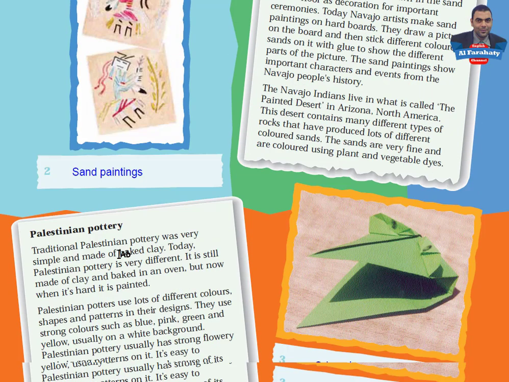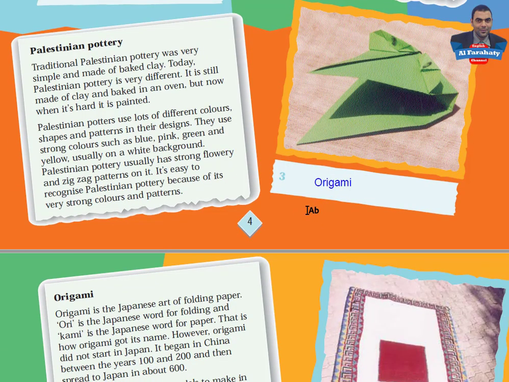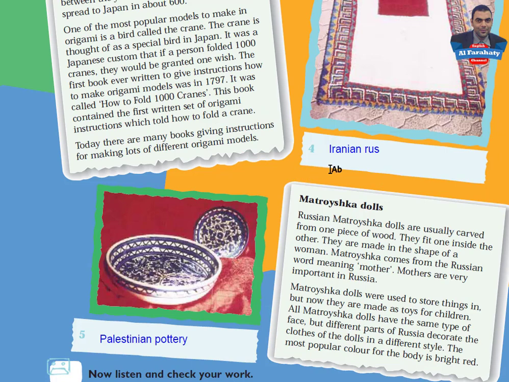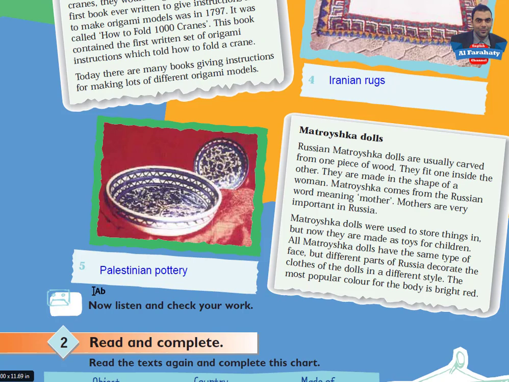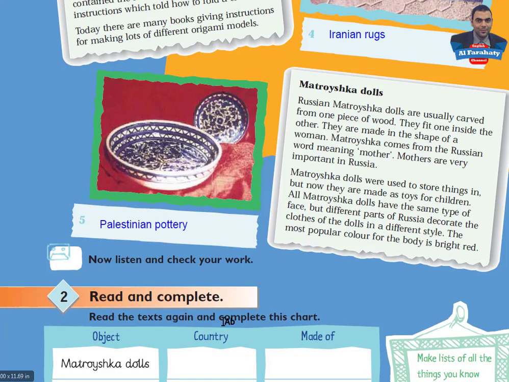Sand paintings. 3. Origami. 4. Iranian rugs. You have to correct it here. 5. Palestinian pottery. Yes, we did it correctly.